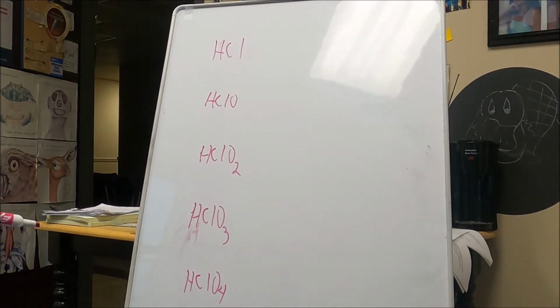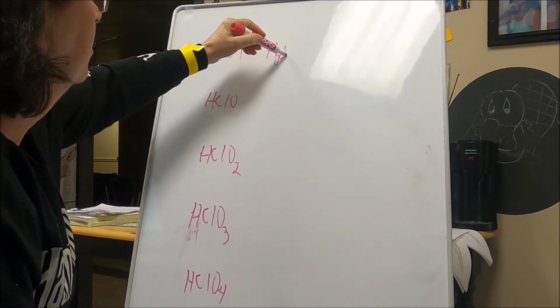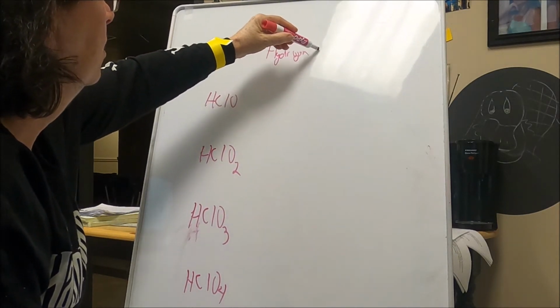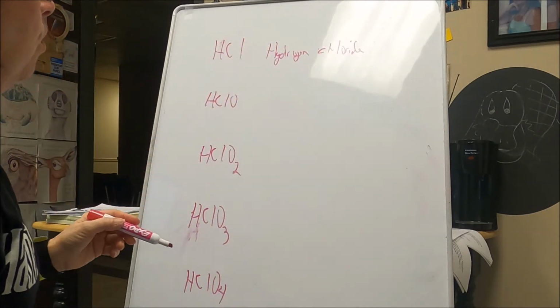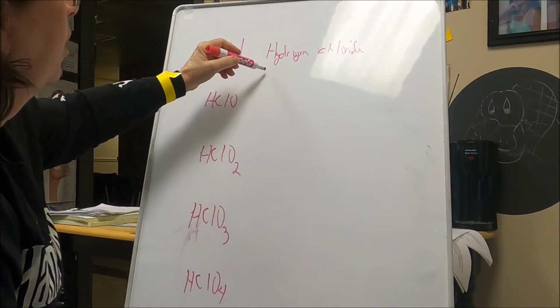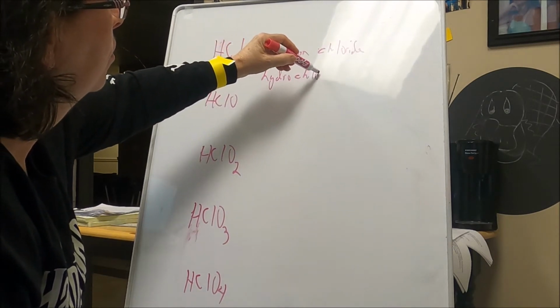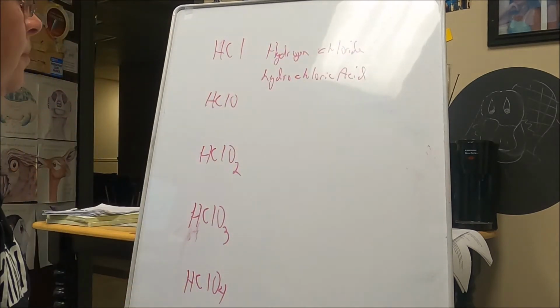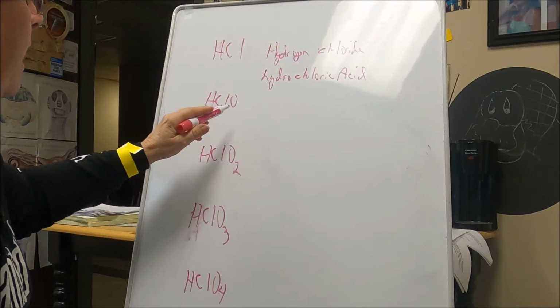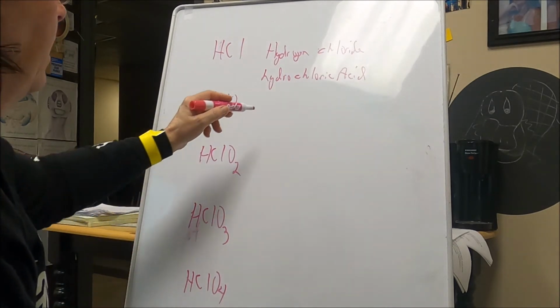Okay, so HCl, hydrogen chloride if it was pure, so we call it hydrochloric acid. HClO, that's the perchlorite ion. No, yeah, the hypochlorite ion.